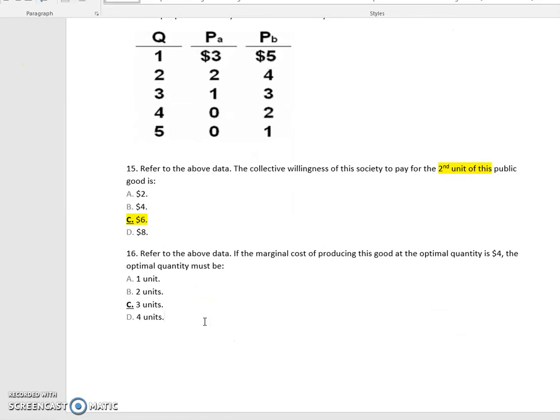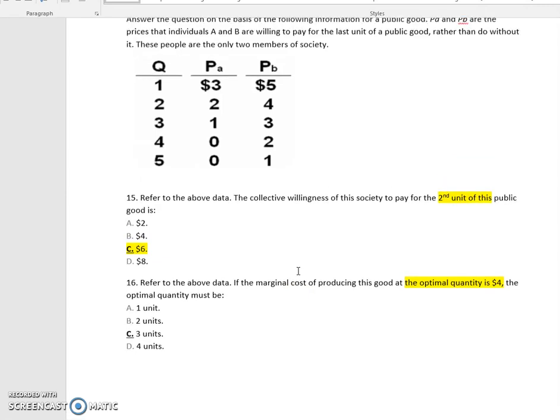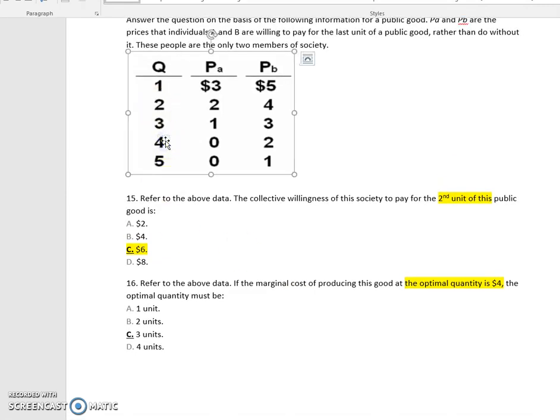Then refer to the above data. If the marginal cost of producing this good at the optimum quantity is $4, the optimum quantity must be what? So they have to spend $4 to produce the good, that is MC.